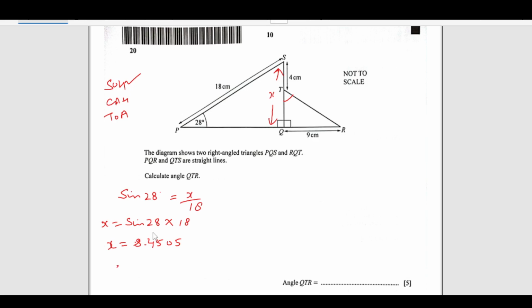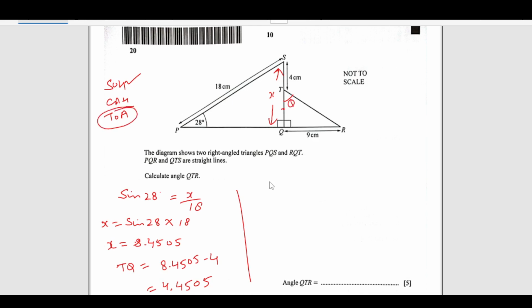Now what is TQ? Because this length is 4, TQ is going to be 8.4505 minus 4, that will give us 4.4505, right? So now we have this length, and we have this length, then we can find this angle as theta. So we can use tangent theta.